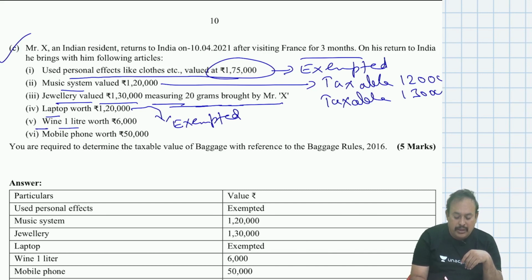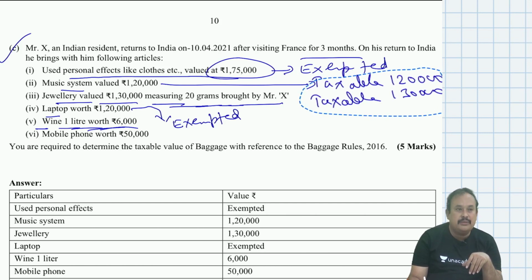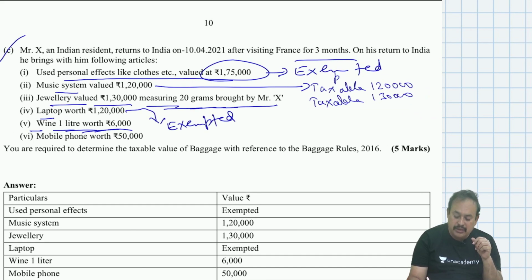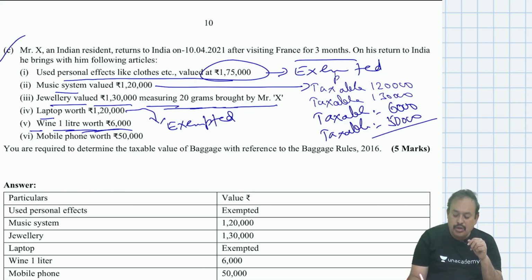Further, wine 1 liter worth rupees 6,000 is taxable, which will attract duty after claiming the general free allowance. So 6,000 wine taxable. Further, a mobile phone is taxable, which is rupees 50,000.